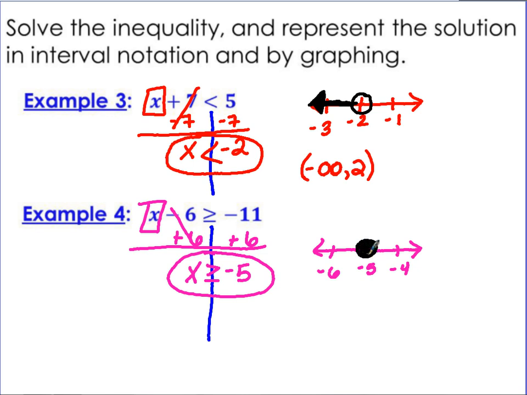So since it's eating the x is bigger, and because it's or equal to, it's closed, and it goes to the right forever. So when I write it in interval notation, the smallest number it can be is -5, and it's a bracket to show it can actually be -5 because of the or equal to. And it goes to the right forever, which is positive infinity.